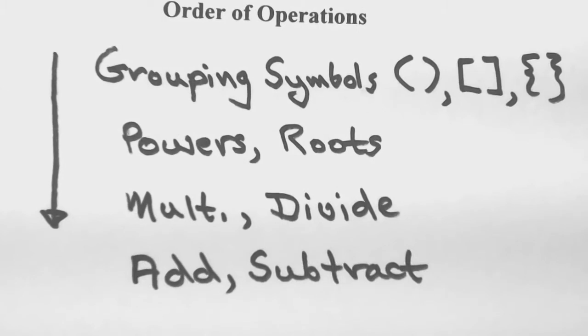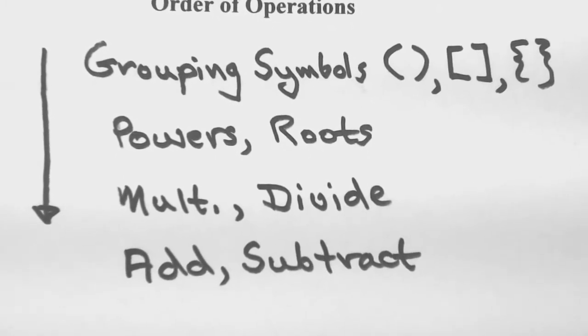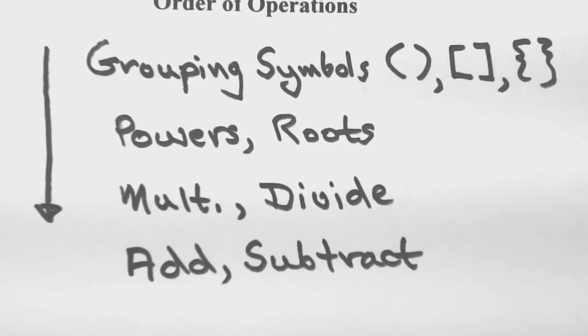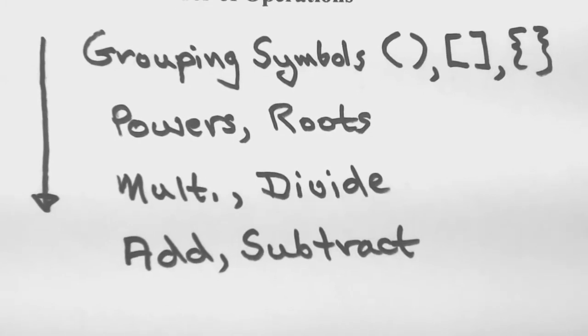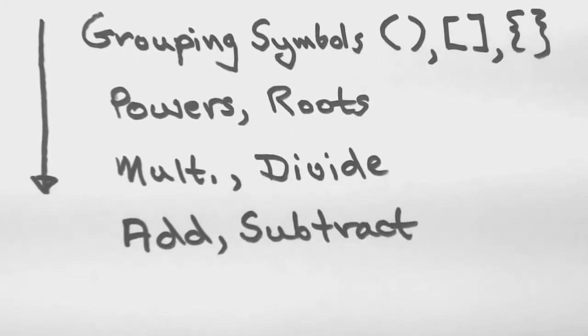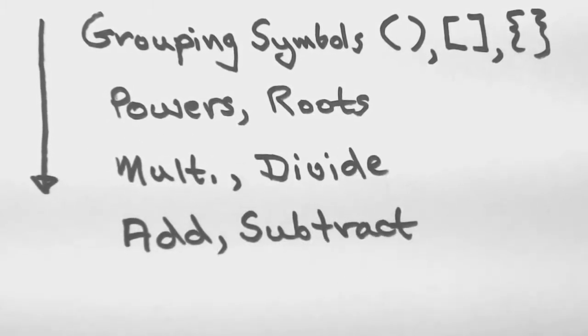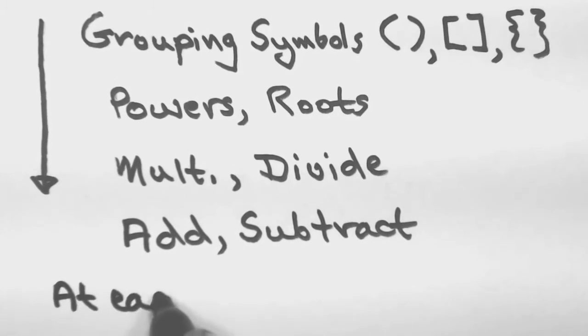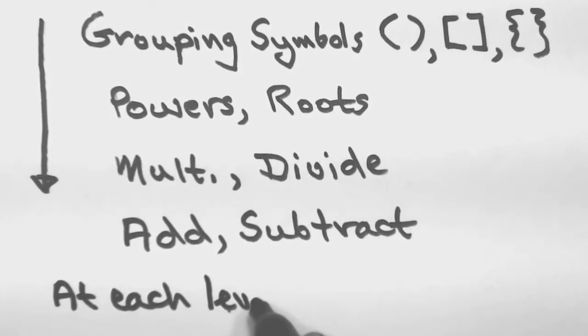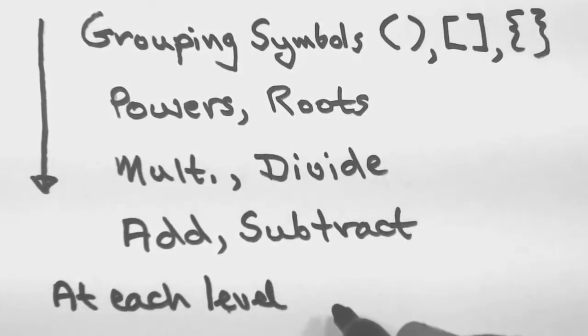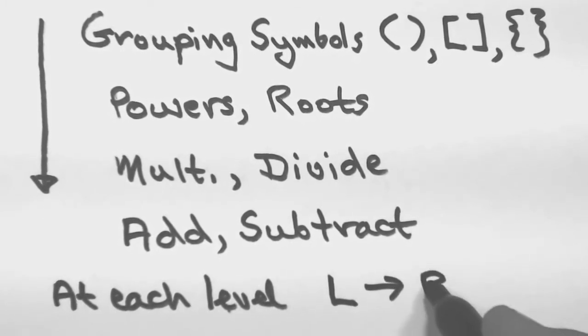So here's the thing that folks often goof up on in the order of operations and that you want to make sure that you know correctly. And that is simply this. At each level, you work from left to right. So let's put that down here. At each level, okay, what we do is we go from left to right.